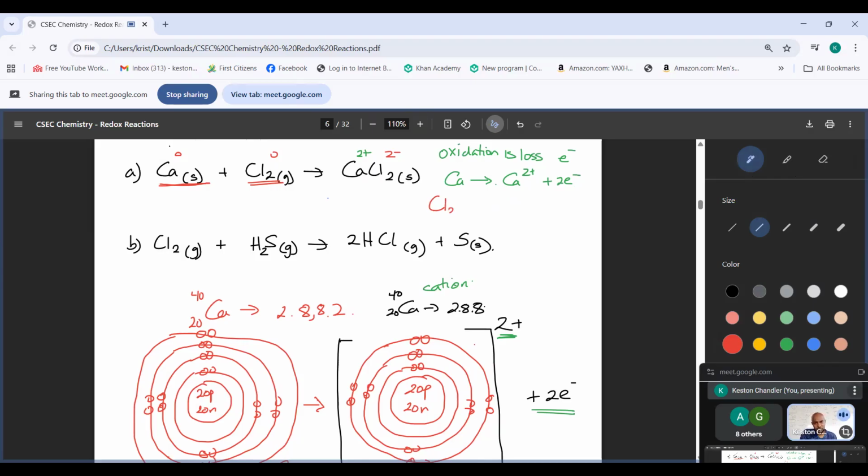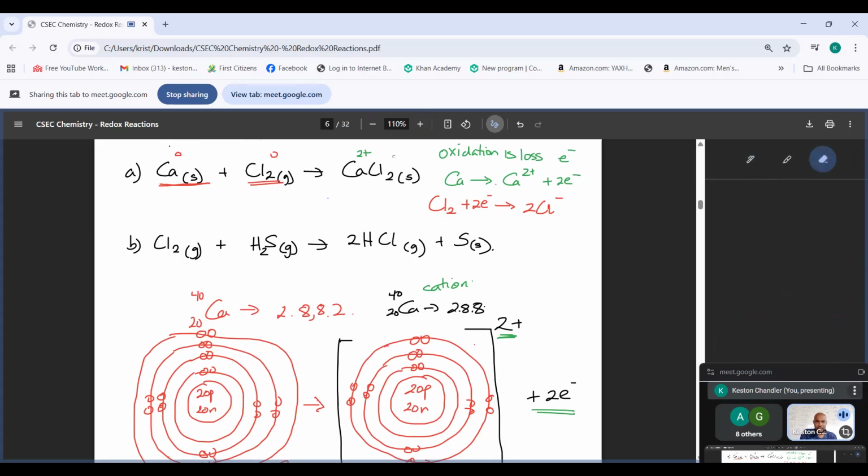So the Cl2 is gaining 2 electrons and it is forming 2 chloride ions. This is actually a single minus here, but you have 2 of them. Does everybody understand that now?